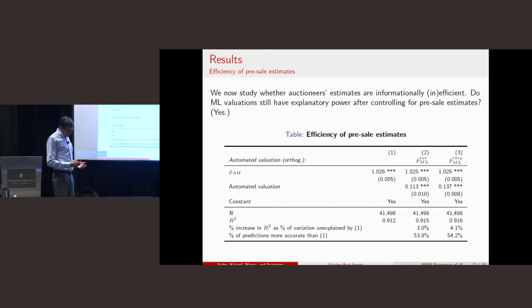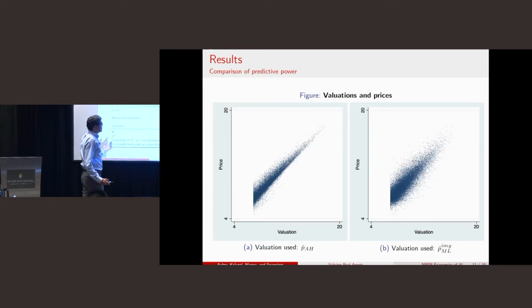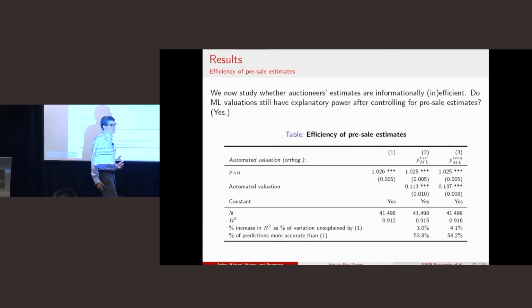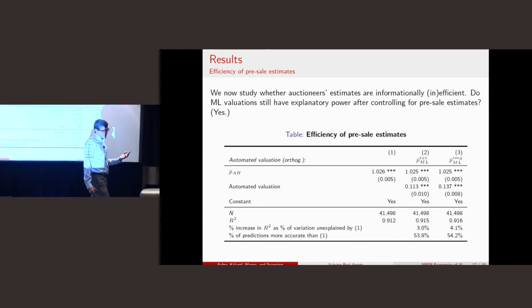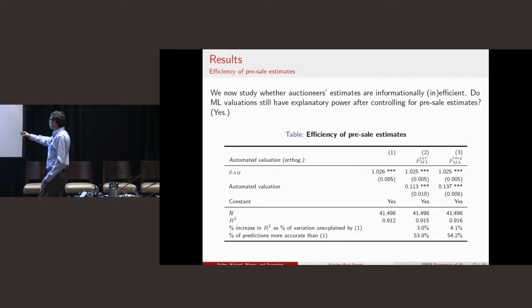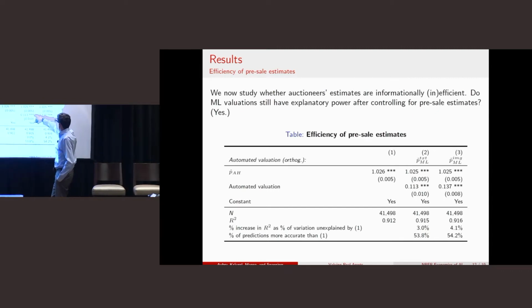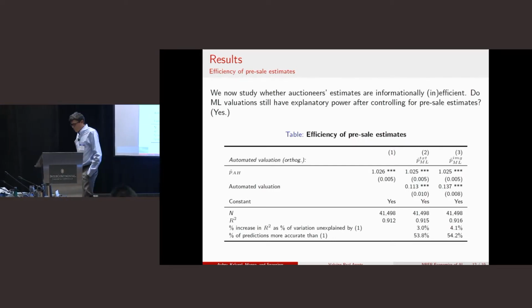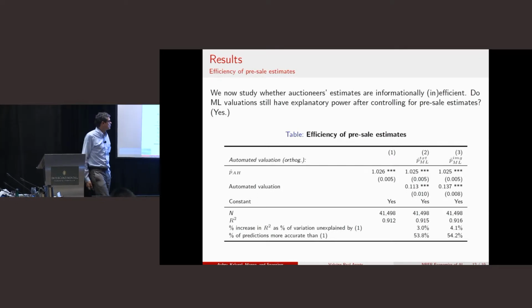Now, if the computer cannot beat the human, if there is more noise in the computer estimates, can we have the computer assist the humans in some ways and improve? Would that improve the valuation? So if we add to our regression on predicting the prices not just the auction house estimate but also the automated valuation, we see that these are significant, meaning that the computer helps explain the prices at which this art is going to sell.